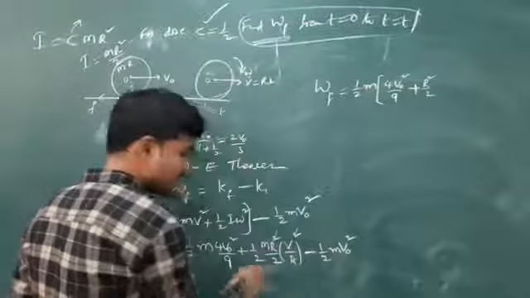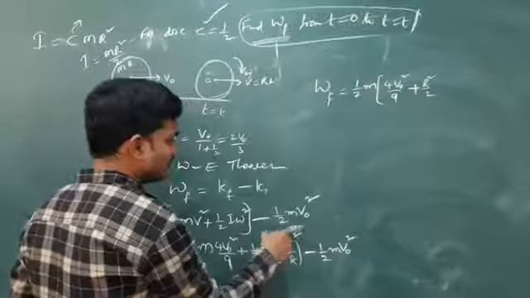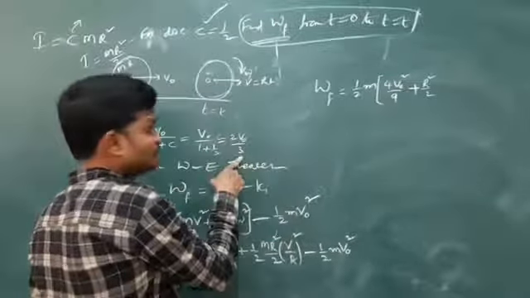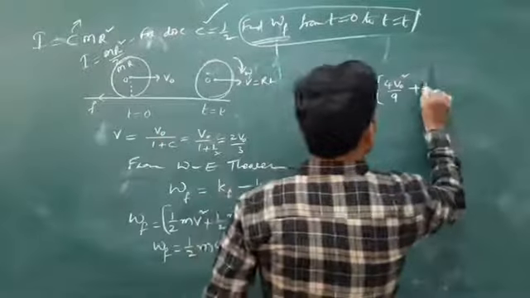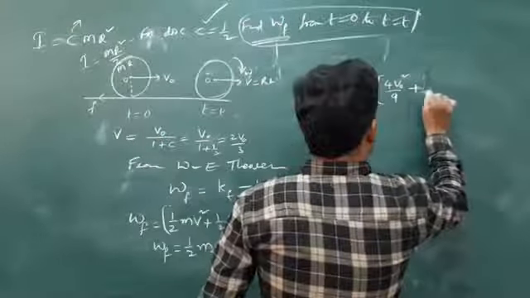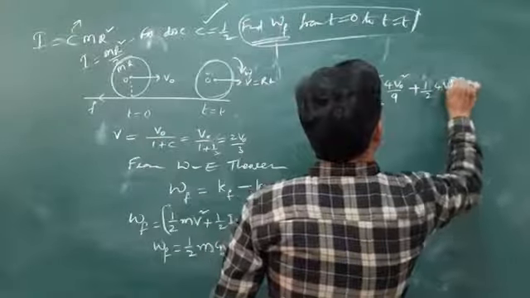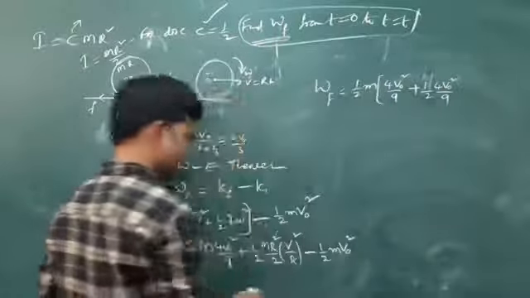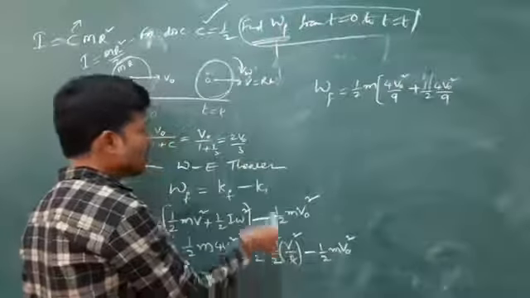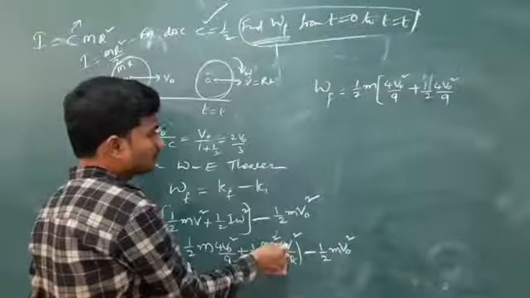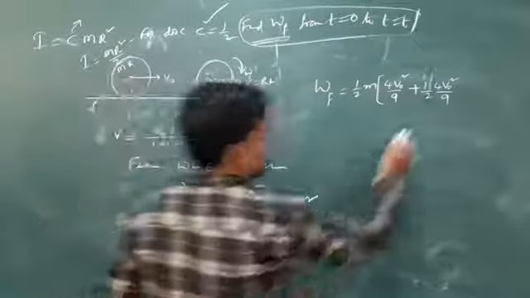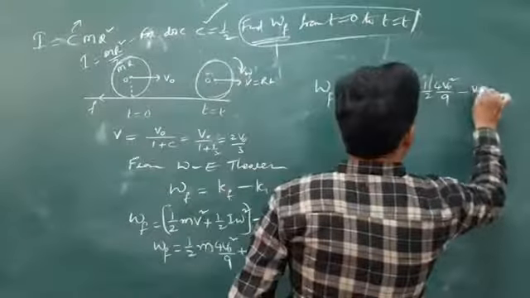Here r square is cancelled, and v means 2v0 by 3, so again 1 by 2, 4v0 square by 9. Just check the calculations: v becomes 2v0 by 3 whole square, 4v0 square by 9 minus v0 square.